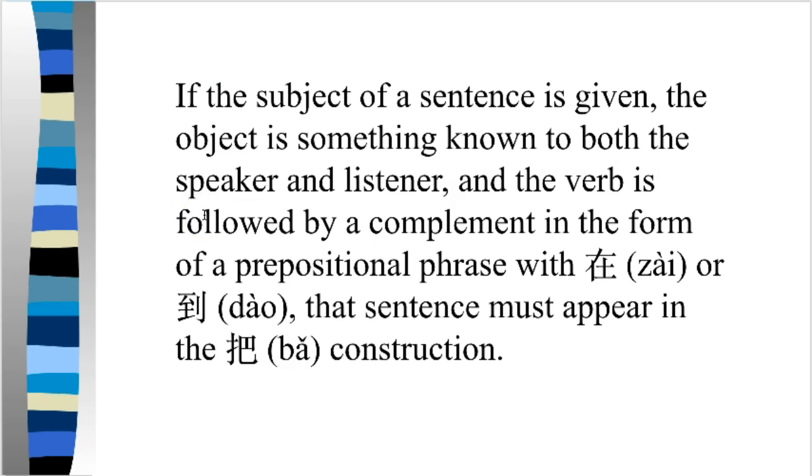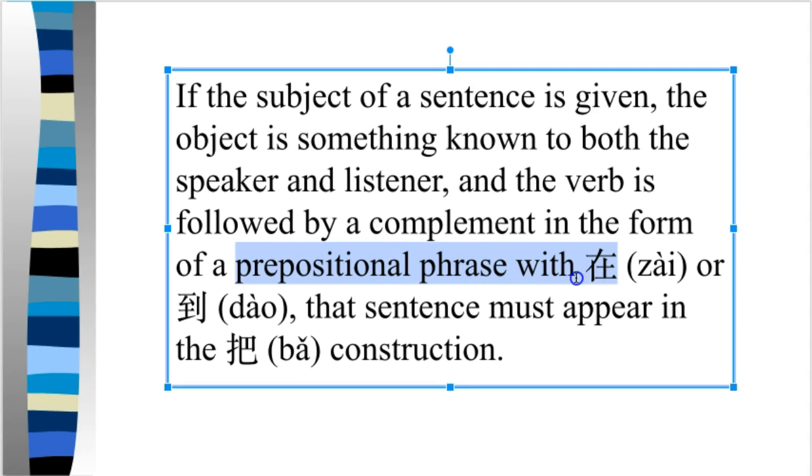If the subject of it, this is a little complicated, but bear with me. If the subject of a sentence is given and the object is something known, and the verb is followed by a prepositional phrase with 在 or 到, the sentence must appear in the 把 construction. What does this mean?